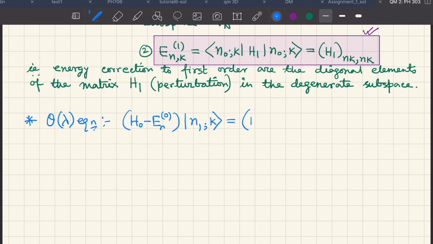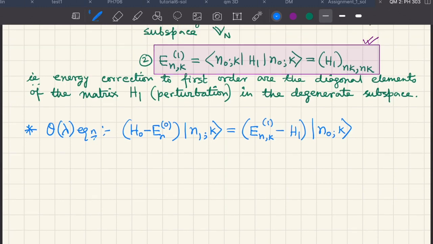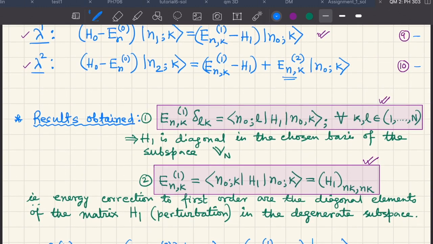This is equal to En comma K1 minus H1 acting on N0 K. So this was this order lambda equation, this equation number 9, this equation.